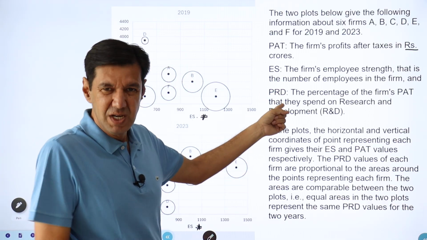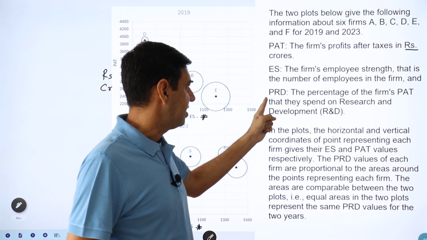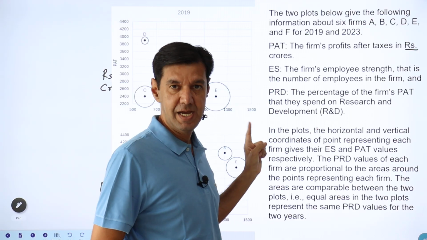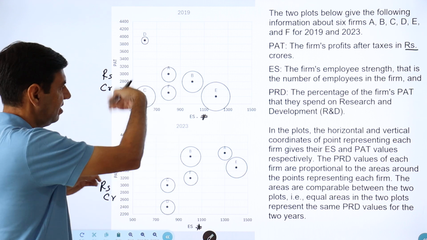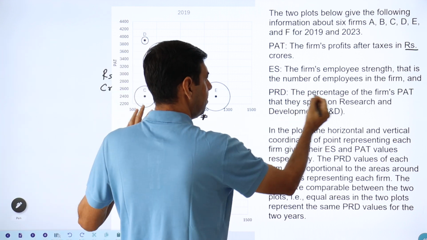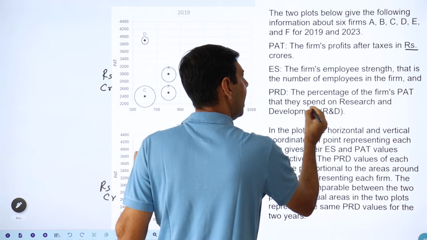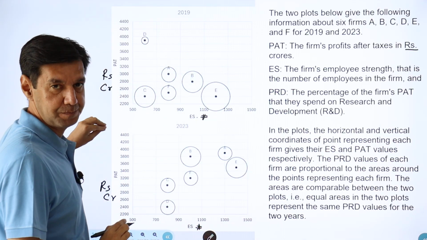And then this is the only bit of scary thing here, PRD, percentage in research and development. And what else is there in this graph apart from the X and Y axis? The circles. So the percentage of the firm's PAT that they spend on research and development. PAT is over here.